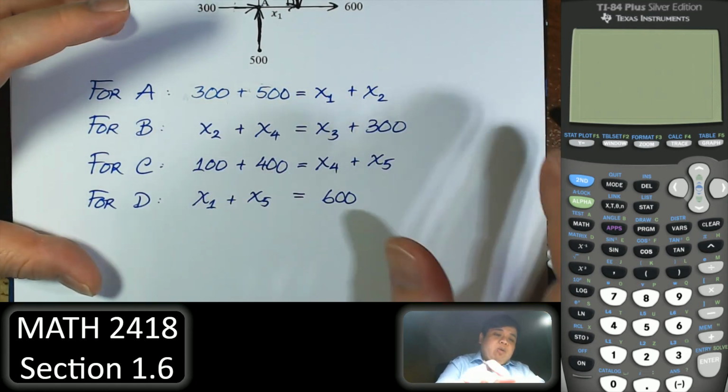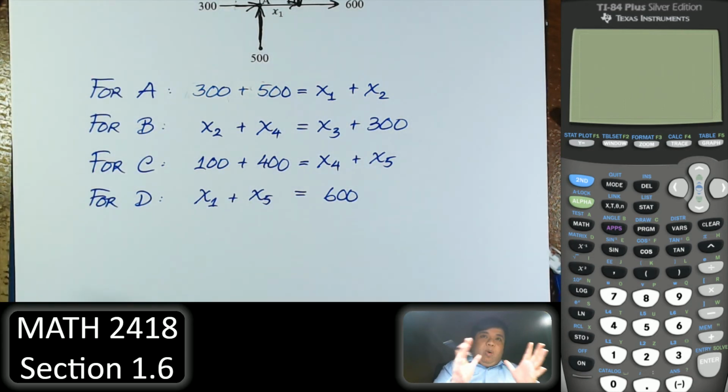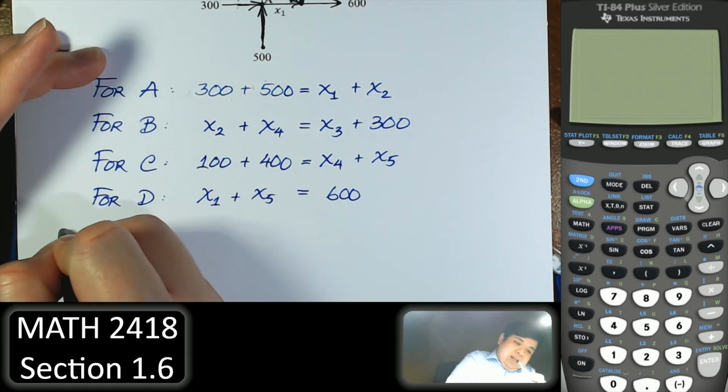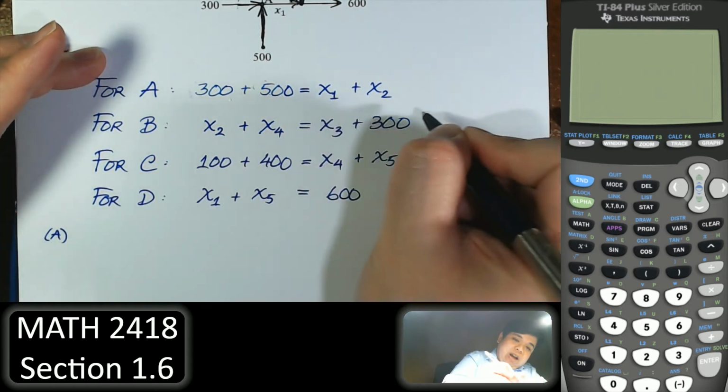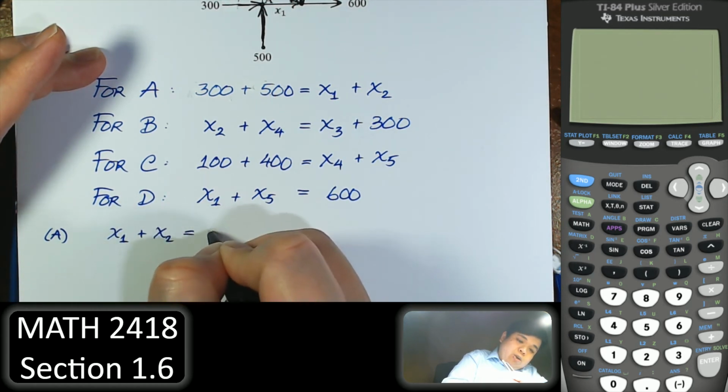Right, let's rewrite this, write the variables on one side, the numbers on the other side. So equation A, to rewrite that, we have x1 plus x2 equal to 800.